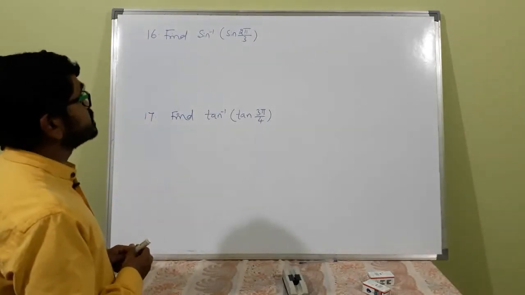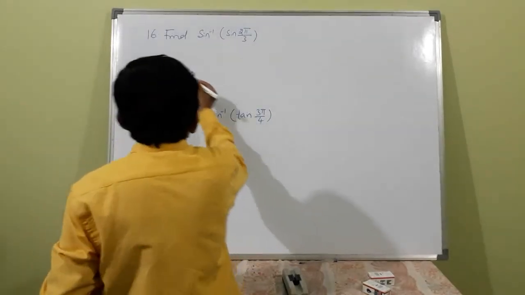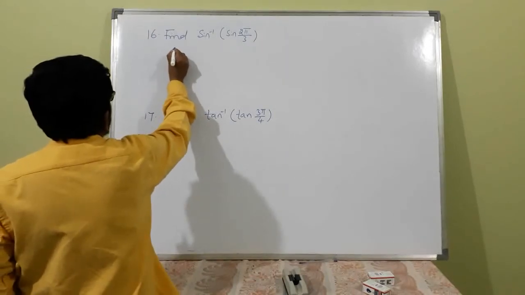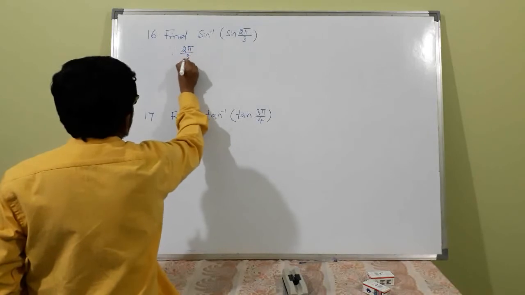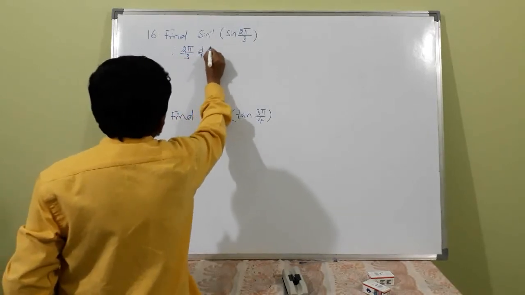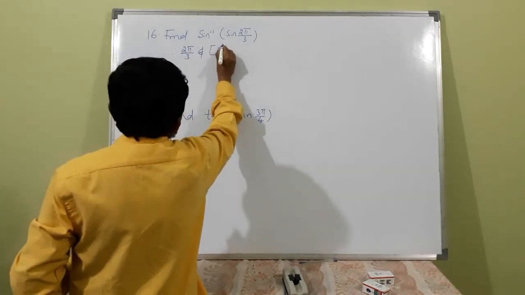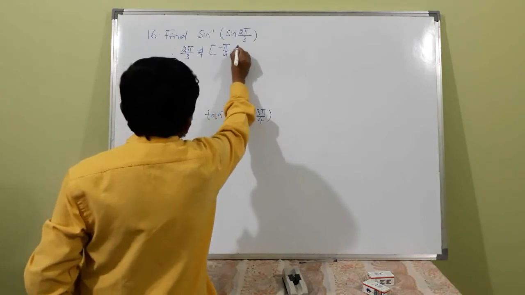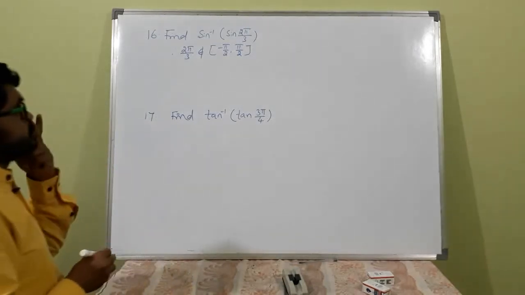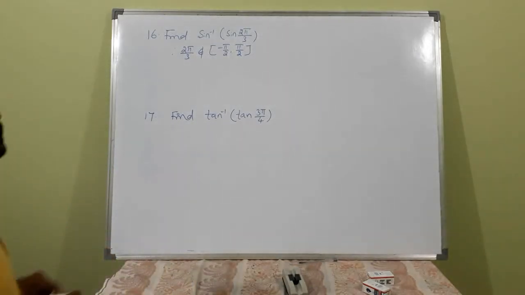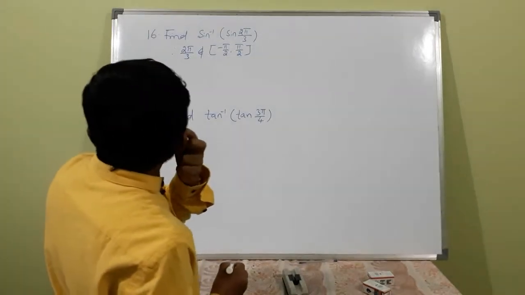Don't do like that, because 2 pi by 3 does not belong to the principal value branch for sine inverse. Okay, this cannot be taken, you can't cancel and get 2 pi by 3.